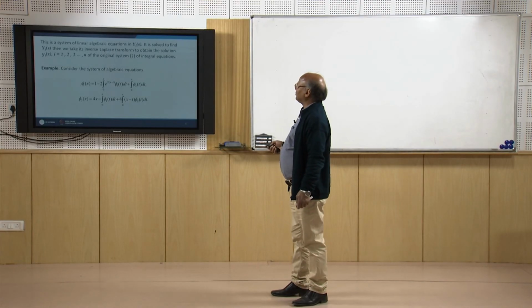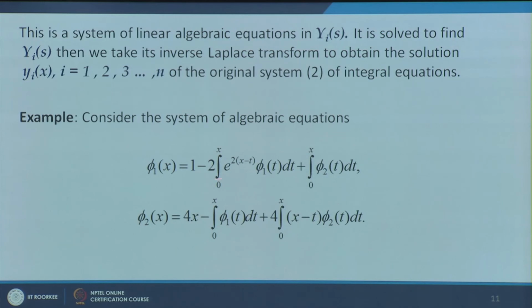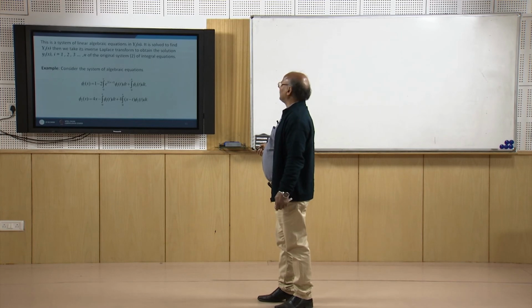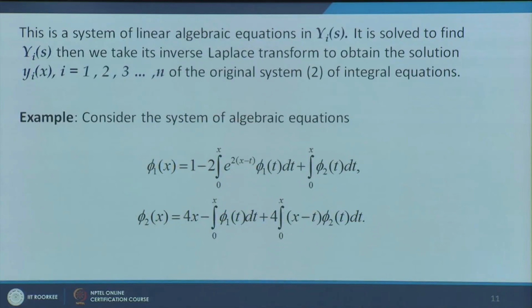We have given an example. Consider the system of equations phi 1 of x equal to 1 minus 2 times integral 0 to x e to the power 2(x minus t) phi 1(t) dt plus integral 0 to x phi 2(t) dt, and phi 2 of x equal to 4x minus integral 0 to x phi 1(t) dt plus 4 times integral 0 to x (x minus t) phi 2(t) dt. So, here there are two unknown functions phi 1(x) and phi 2(x).